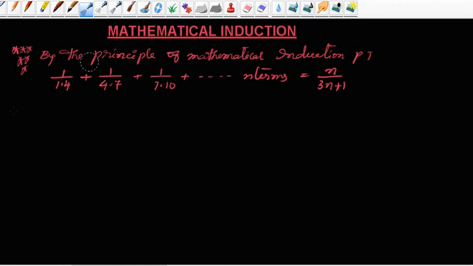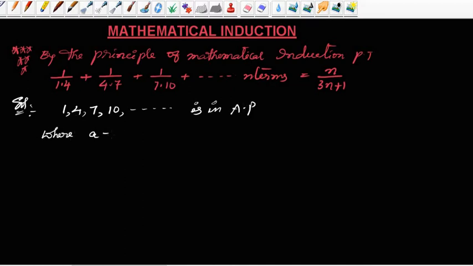First we have to consider the first factor. The first factor is 1, 4, 7, and next we get 10 and so on. It is in AP, where the first term A is equal to 1. Common difference D is equal to T2 minus T1, that is 4 minus 1, which is 3.